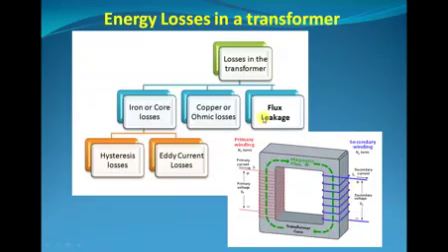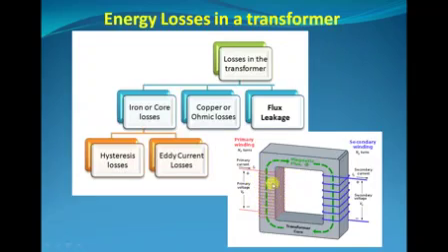Next we are going to see copper loss. Copper loss occurs in the transformer coil. Because of the electrical resistance, when we apply the alternating voltage, the alternating current is produced inside the coil.